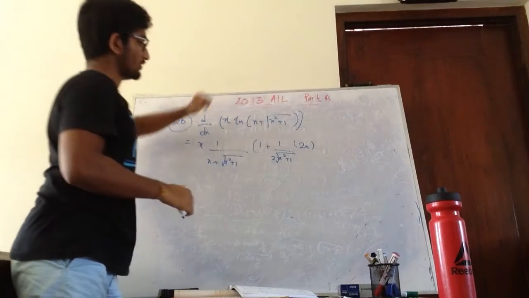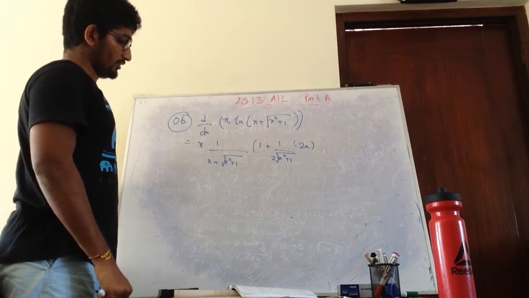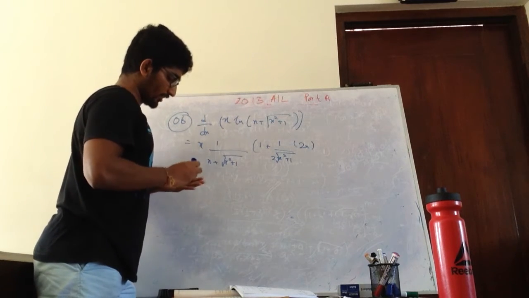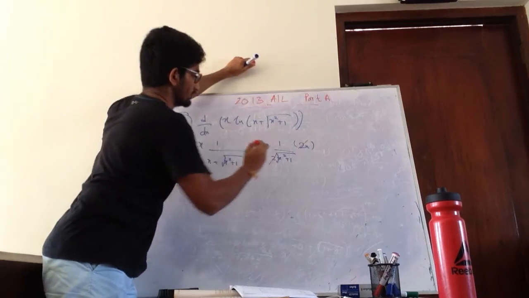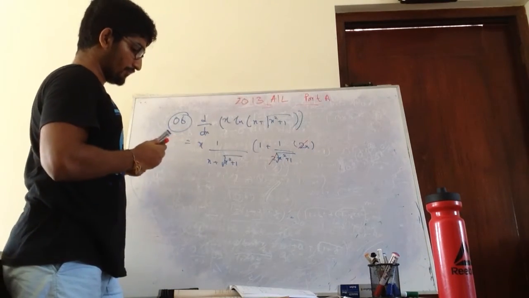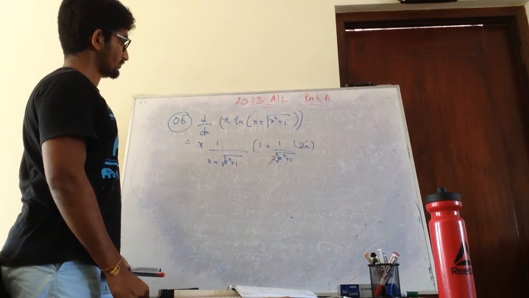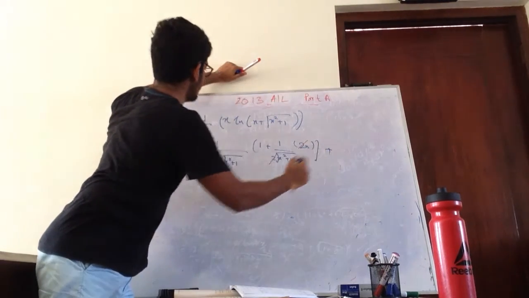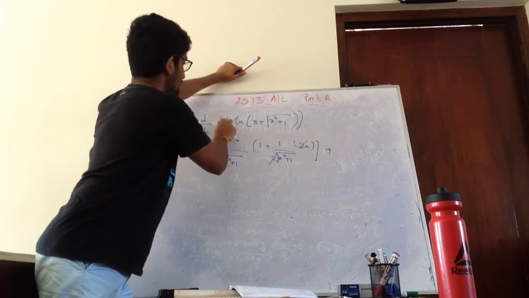It will be half thing, so I can cut these off. Then it's going to be this part and the differentiation of this.